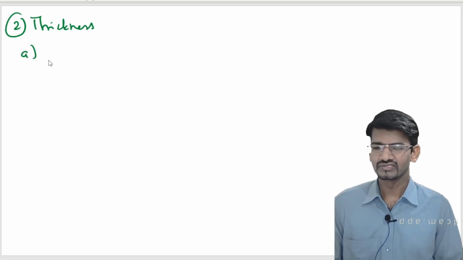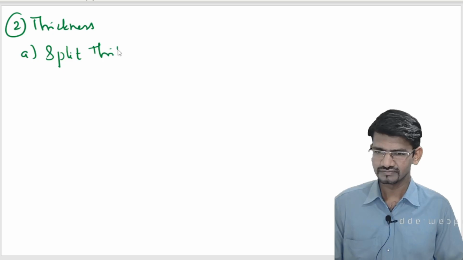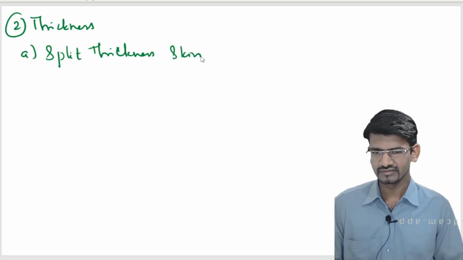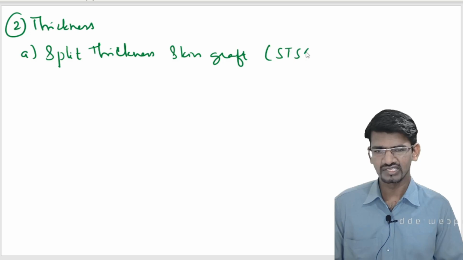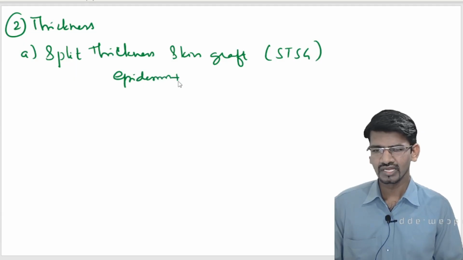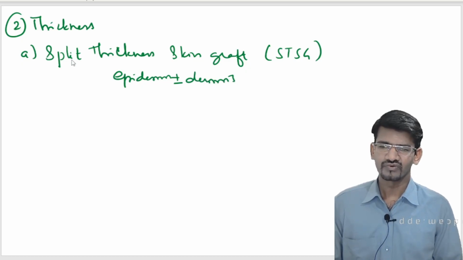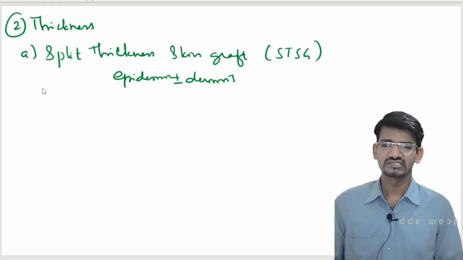The first one is split thickness skin grafting, STSG. In this we take the epidermis and a little part of the dermis for covering the wound. So this is what we call split thickness skin grafting.